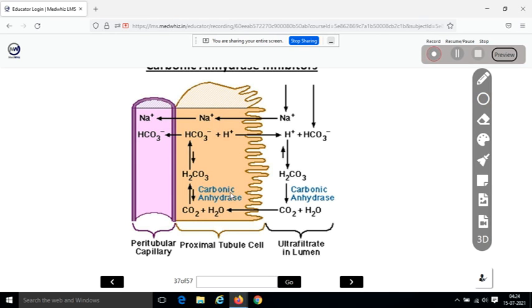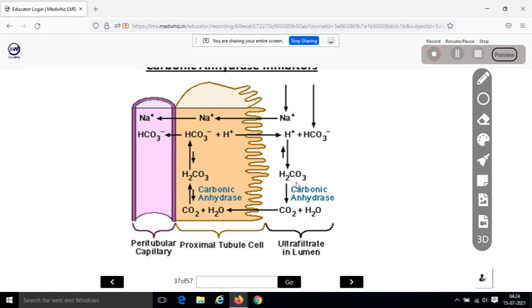See the carbonic anhydrase enzyme; it is present in the proximal tubular cell basolateral membrane, and you can make out how it works here. Carbon dioxide and water form carbonic acid, which again gives bicarbonate and hydrogen. This hydrogen is exchanged with sodium.